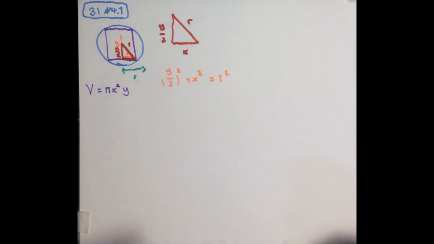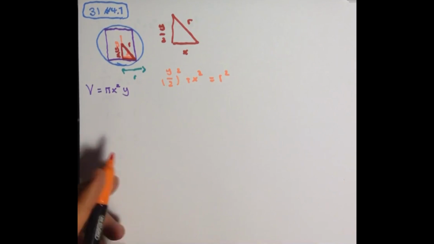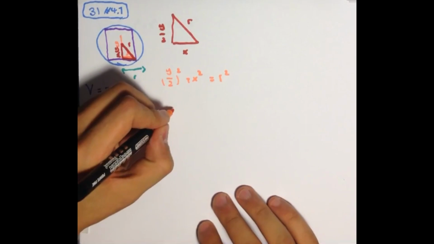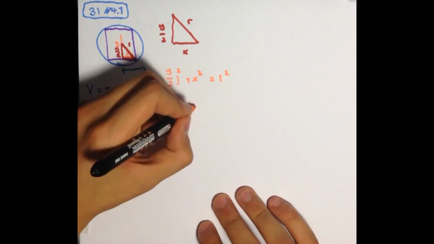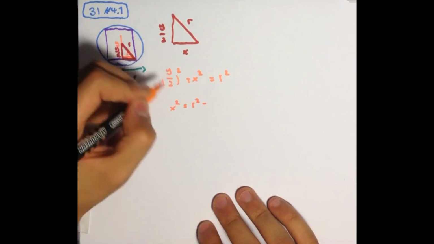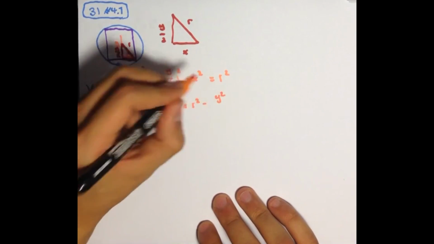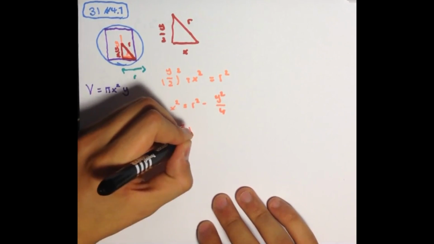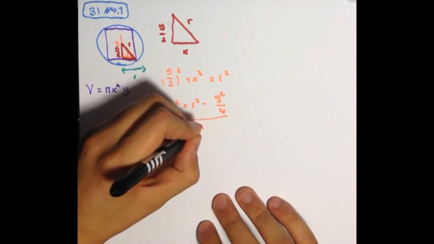And so we don't have to deal with a chain rule and product rule, just a product rule. So x squared is equal to r squared minus y squared divided by 4. So x is equal to the square root of this entire thing.